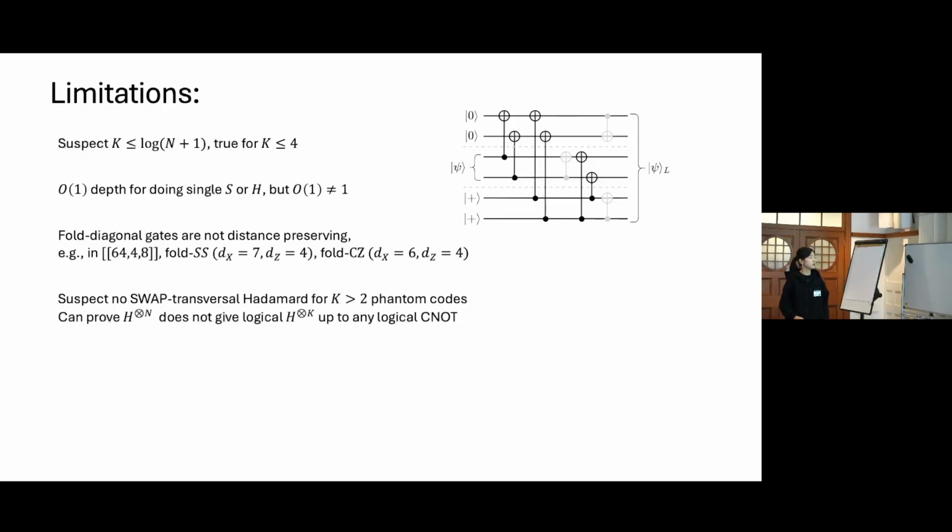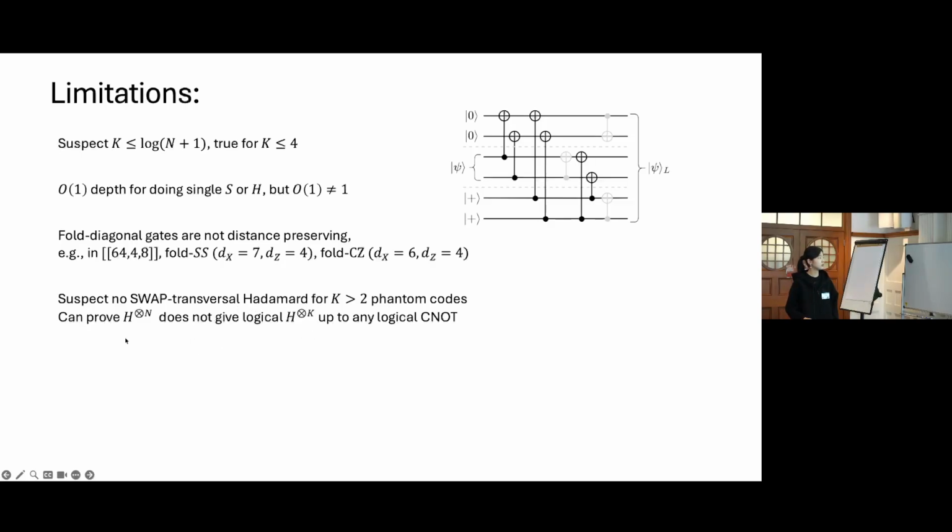And then coming to this no-go theorem, we can prove that this physical transversal Hadamard cannot give you any logical Hadamard gates up to any logical CNOT. So there seems to be a real obstruction for doing transversal Hadamard for these phantom codes with K bigger than 2. However, I want to remark that there are certain subtleties here.